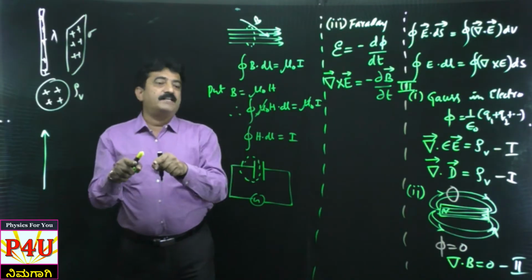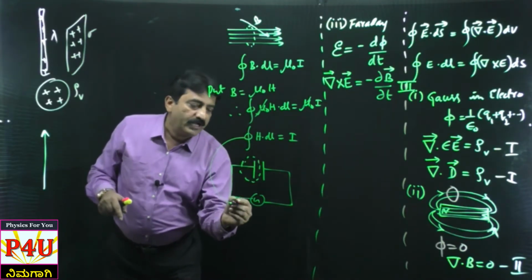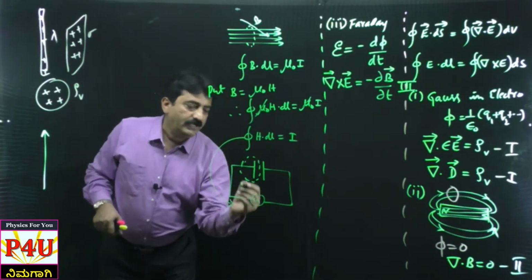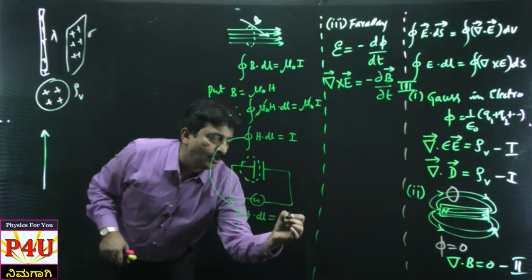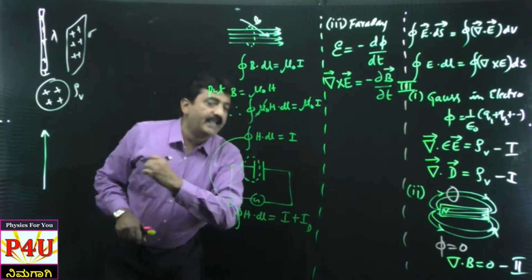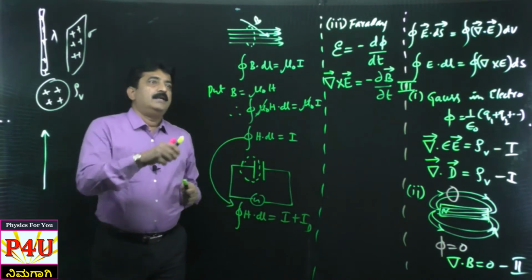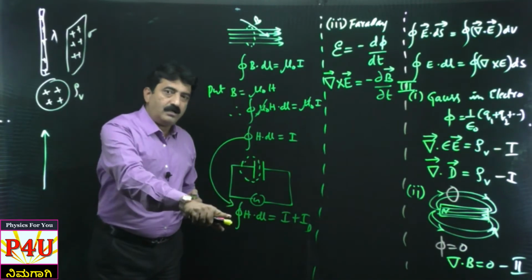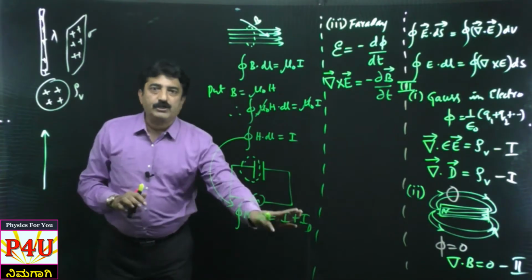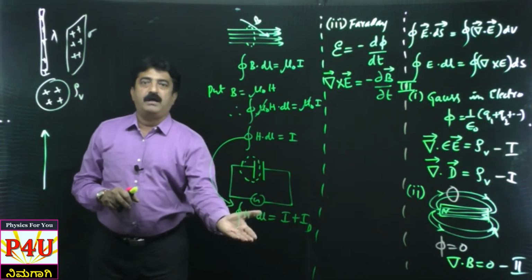So using displacement current, Maxwell modified this formula, and that formula is integral of H dot dl equal to I plus I_D. Dear students, this is called the Maxwell-Ampere circuital theorem, the modified theorem.